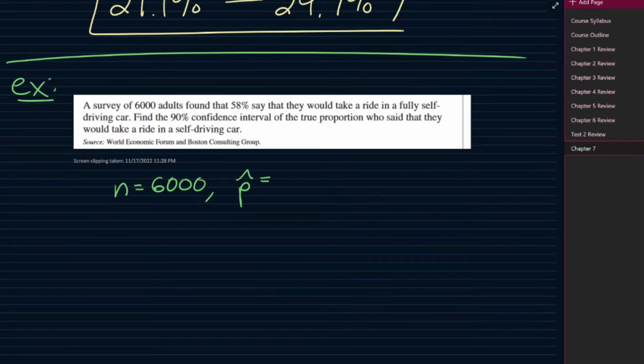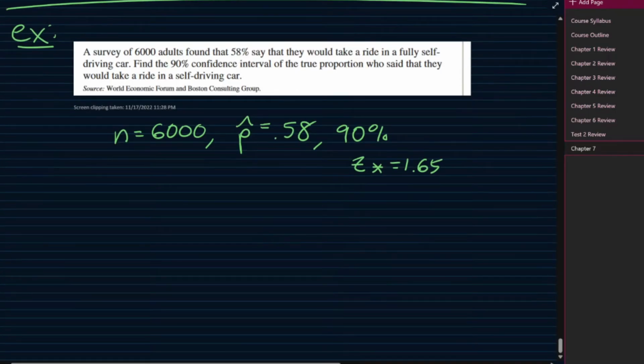Remember, it's got to be a decimal, very important. And we're looking for a 90% confidence interval, which remember is a z star of 1.65. And if p hat is 0.58, that would mean q hat would be 1 minus 0.58, or 0.42.